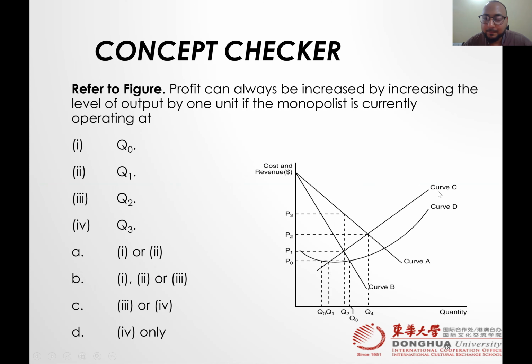And now the same figure. Profit can always be increased by increasing the level of output by 1 more unit if the monopolist is currently operating at... What does it mean? They are saying that profit can be increased if you move from this quantity onward, and it includes always.